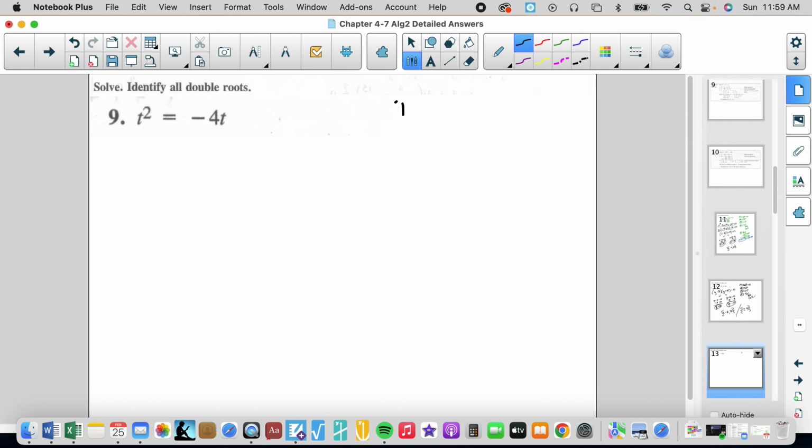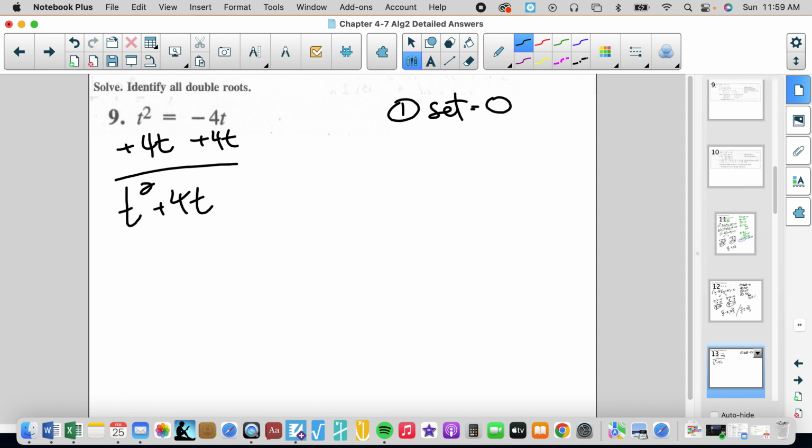So remember what step 1 is, set equal to 0. We want to take advantage of it being a product equaling 0. So we're going to add 4t. So t squared plus 4t equals 0. Okay, now, is it in standard form? Yes, t squared then t. Is there a common factor? Yes, there is a common factor, t.